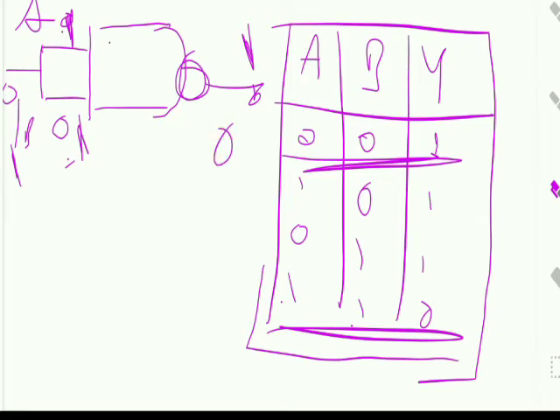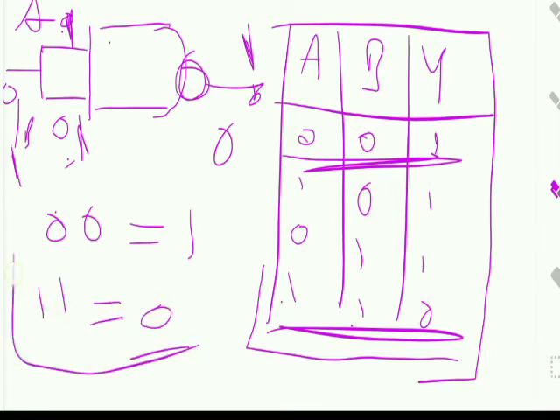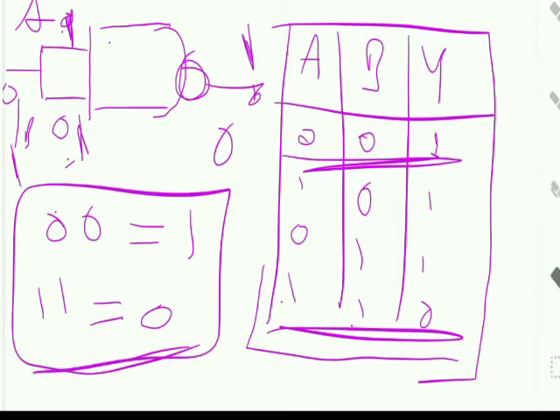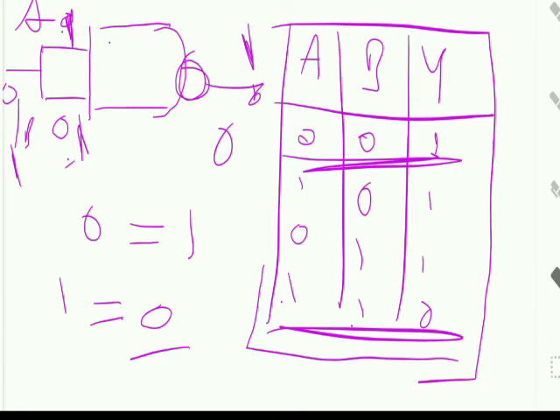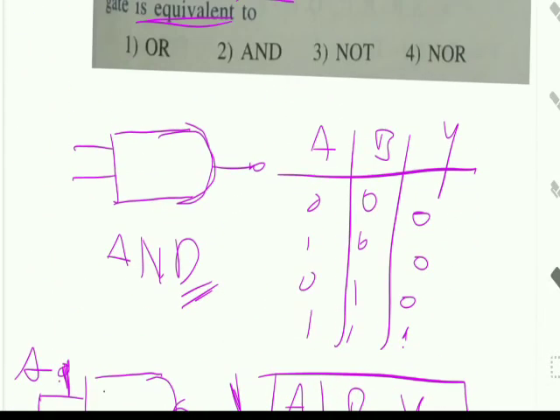So input 0 gives 1, and input 1 gives 0. These are NOT gate properties. So our answer is the third option.